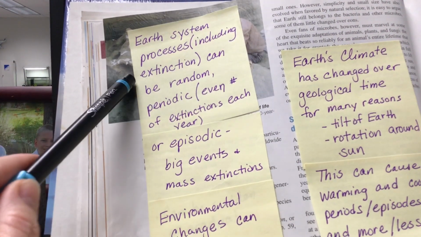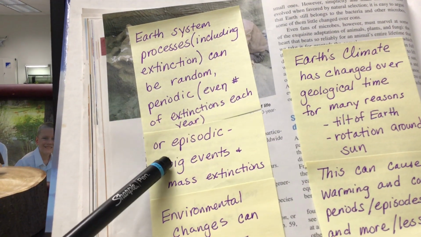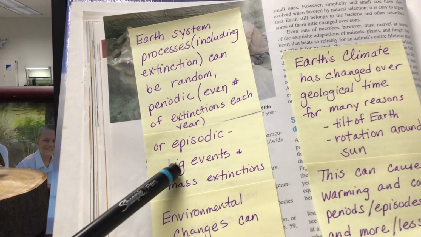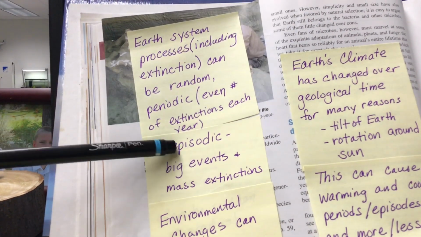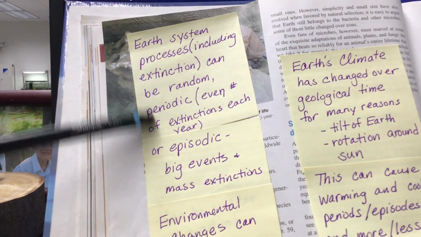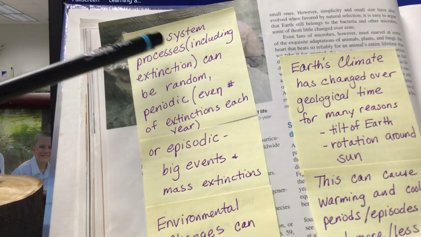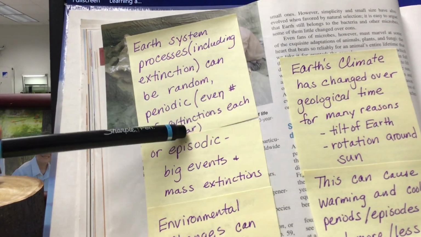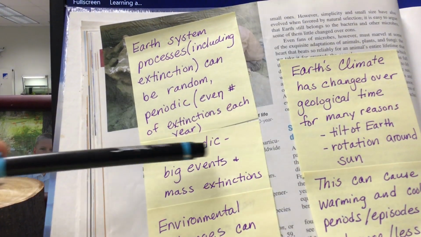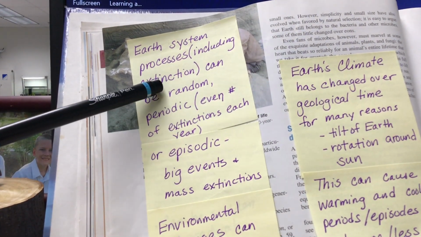So now we're talking extinctions. Or episodic, which are big events and mass extinctions. So this process of random, periodic, and episodic can occur with all of Earth's processes. But right now we're just talking about extinction. And so we have the examples of mass extinction, even number extinction, or just random extinctions.